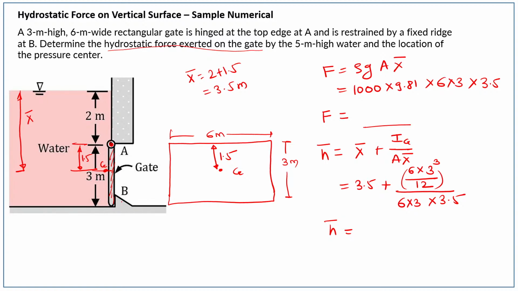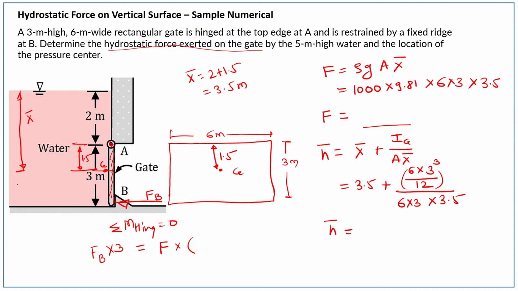The question may be asked like how much force is exerted at point B. This can be the extended question. In that case, you have to consider the moment about the hinge equal to 0. So FB into 3 is equal to your hydrostatic force into distance.